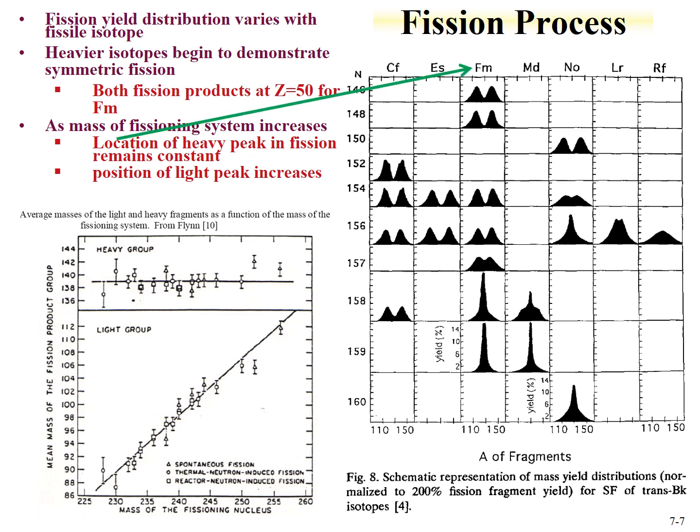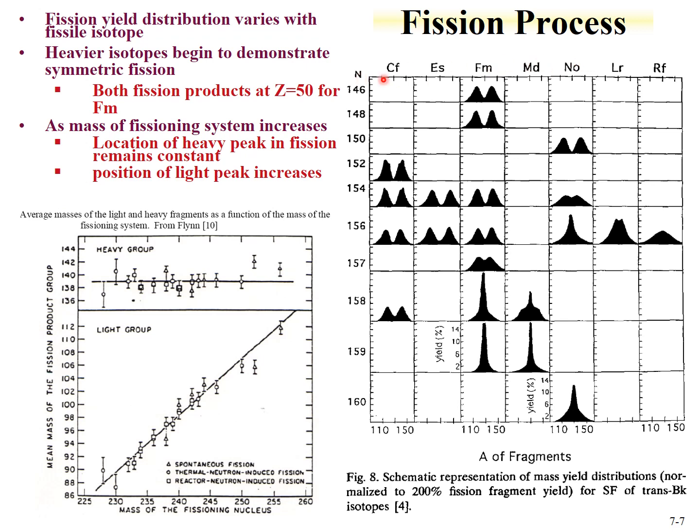So if we look at fermium, as the mass of this fissioning system increases, the location of the heavy fission peak will start to coalesce with the light fission peak, and we can see areas on this curve where we're plotting N, the number of neutrons, against the mass of the fission fragments, for the different Z plotted here.